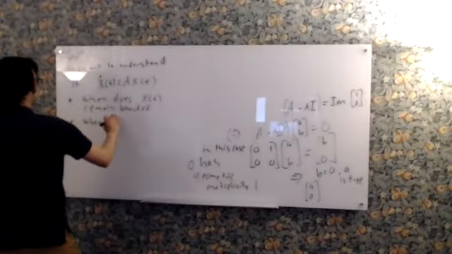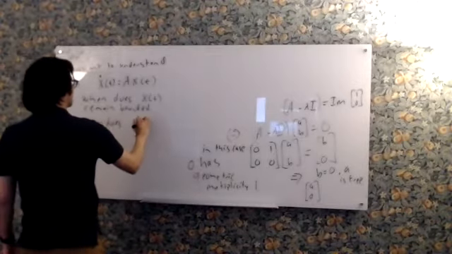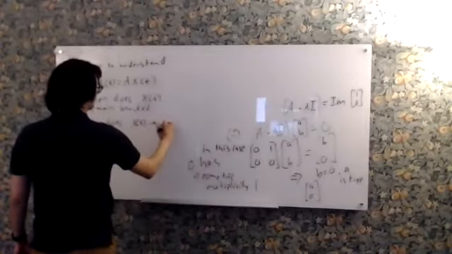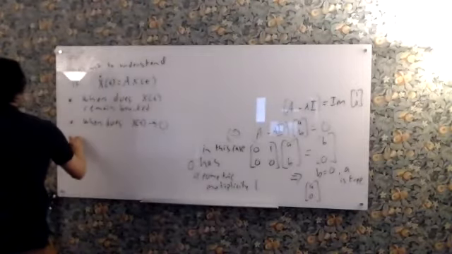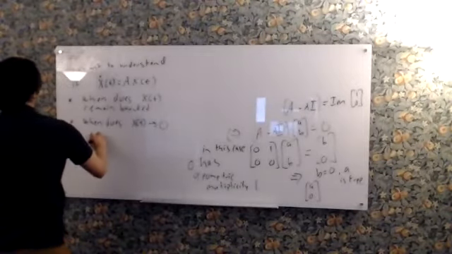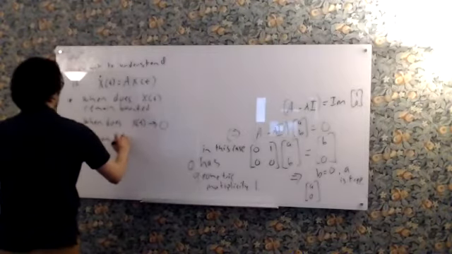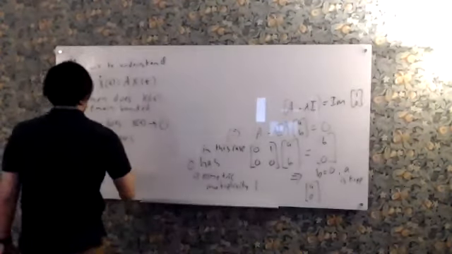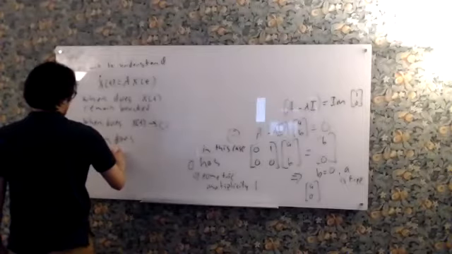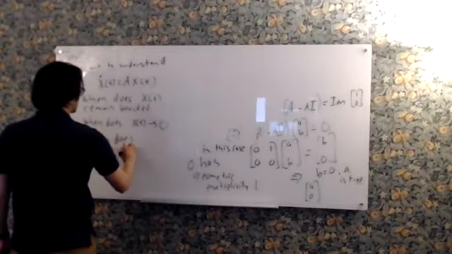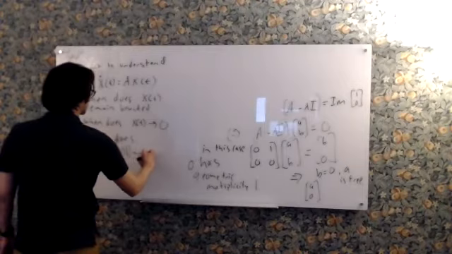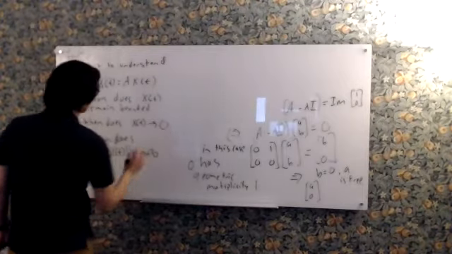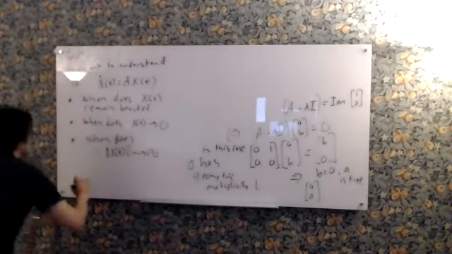When does x of t converge to the origin? And when does the norm of x of t go to infinity, where the norm is defined like this.